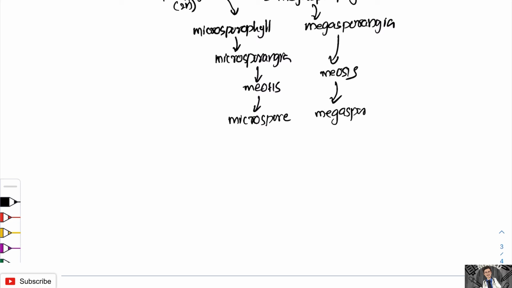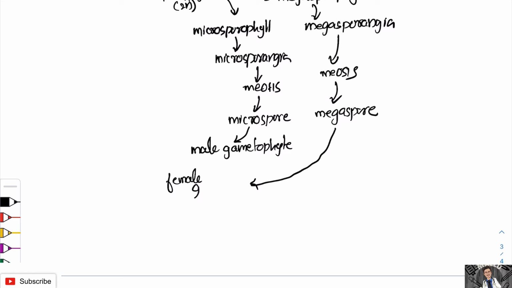Megaspore. Fine. And now microspore forms the male gametophyte. Alright. And the megaspore produces the female gametophyte. The rest are the same.